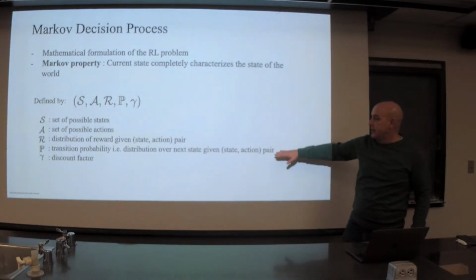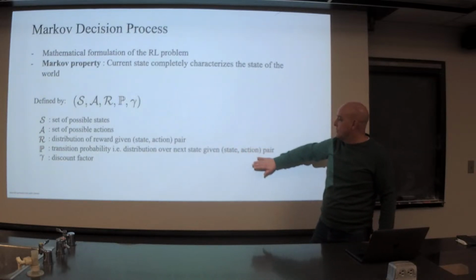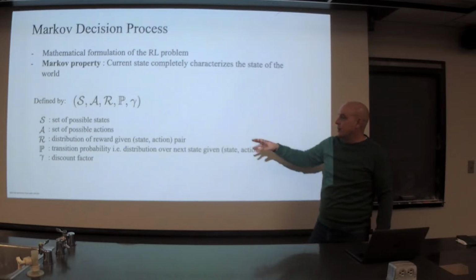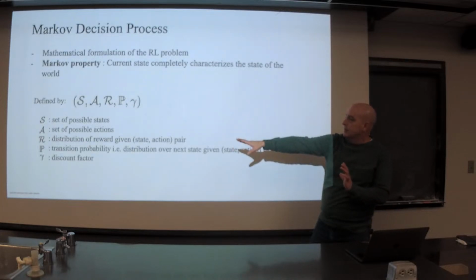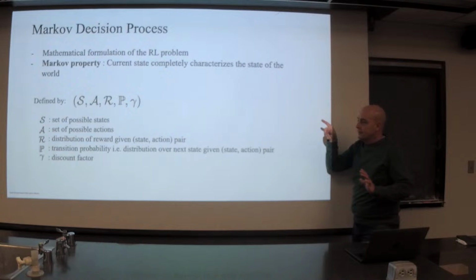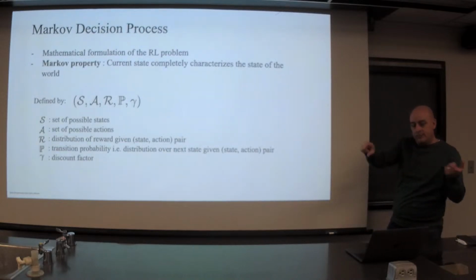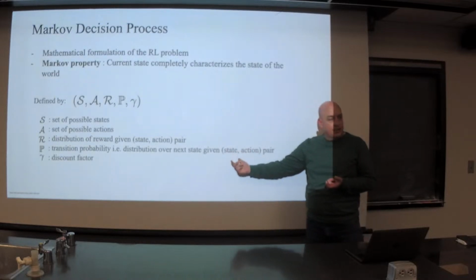And then you need some way of saying how we move from one state to the next, given the action that's taken. In its most general form, this is given as a probability distribution over all the possible states, given the current state and the action that's taken.